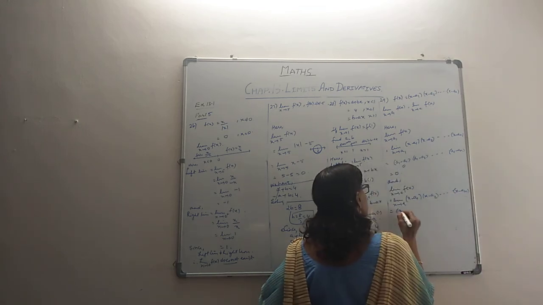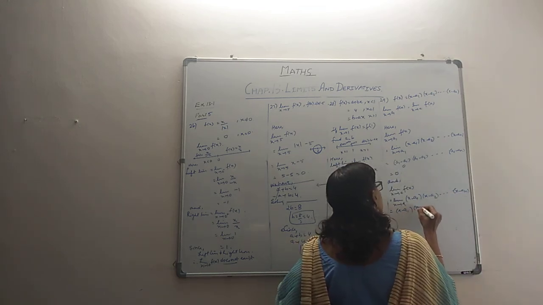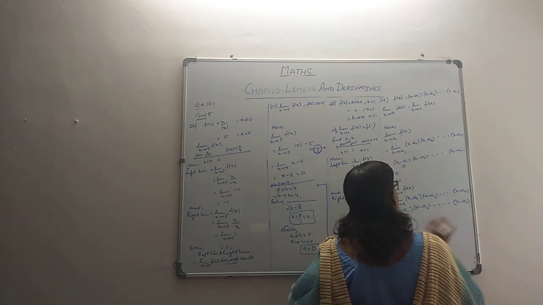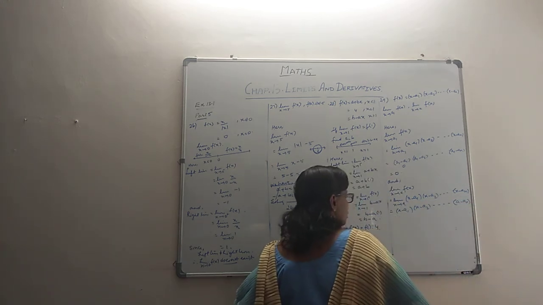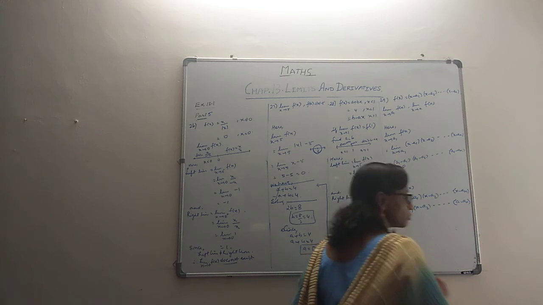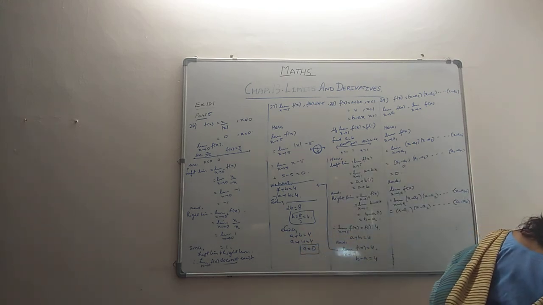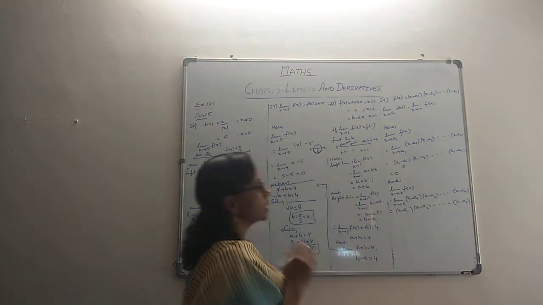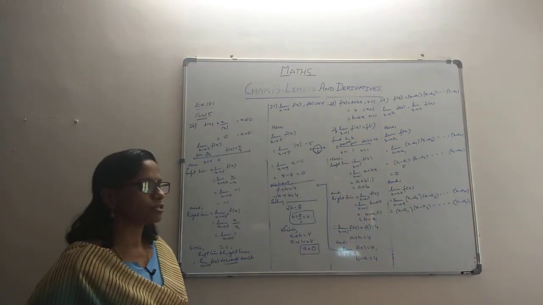So when we substitute, it's a minus a1, a minus a2, and so on, a minus an. That will be our final answer. That's the answer. Quite simple and straightforward.